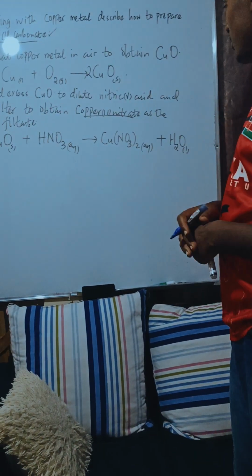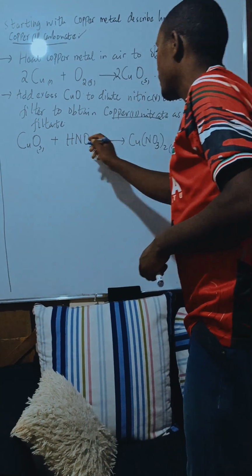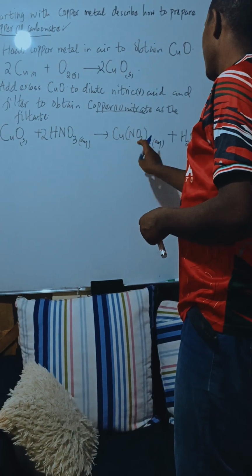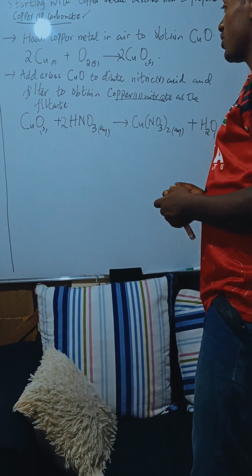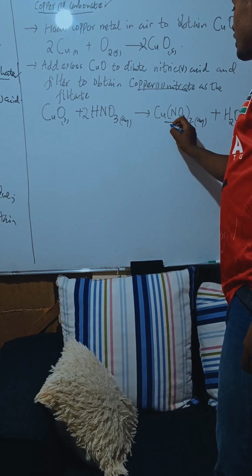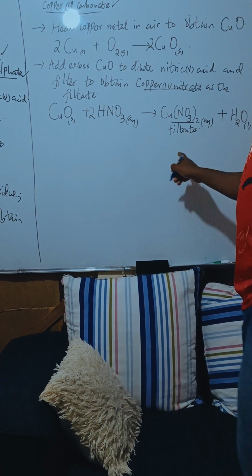Balancing the equation, N is 2, so I put a 2 here, then the oxygens are 7 on each side, so the equation is balanced. After that, you have this soluble salt. This is the filtrate.